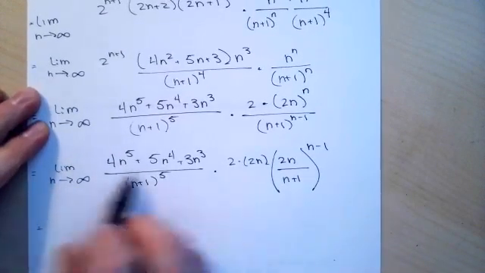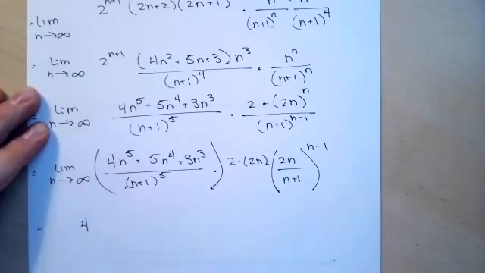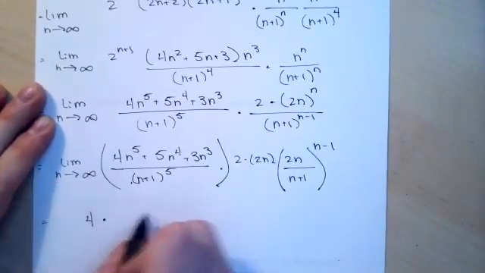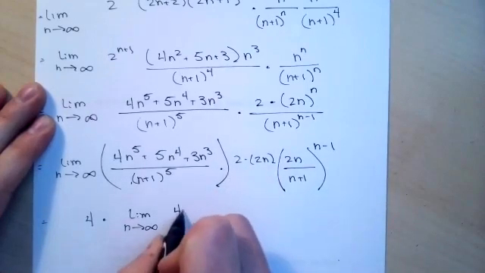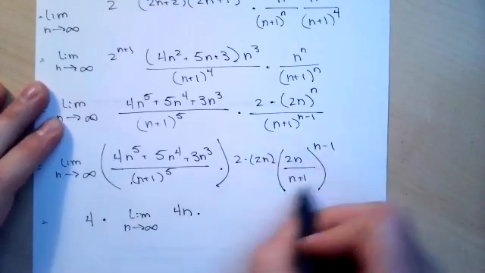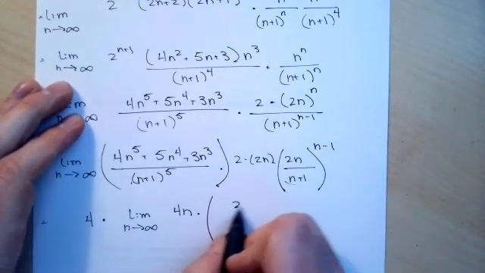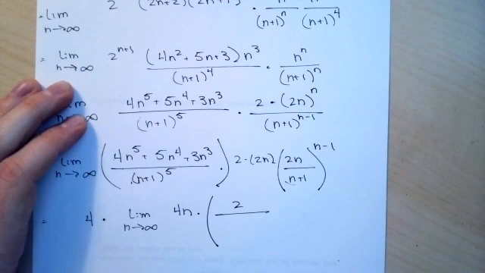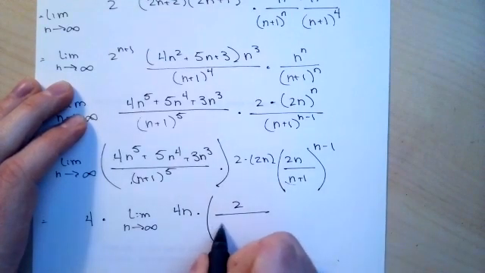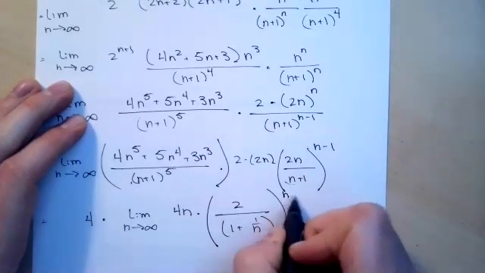We can take this limit and get 4 times the limit as n goes to infinity of 4n times this guy. And how do we manipulate this guy? This guy is going to end up being a little wonky. It's going to be 2 divided by 1 plus 1 over n, to the n minus 1.